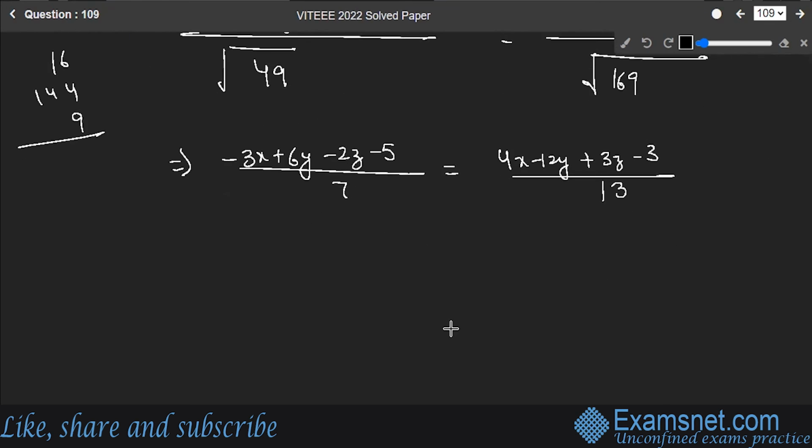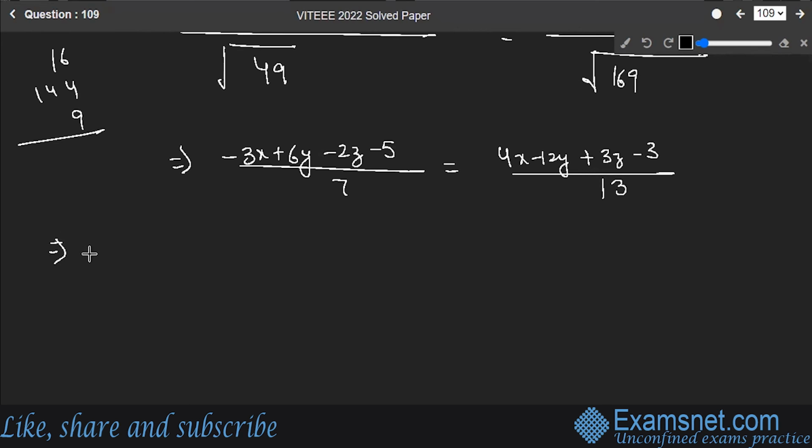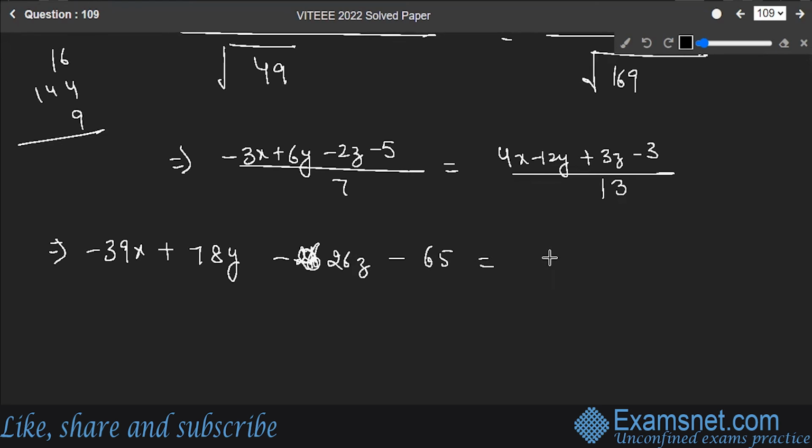Let's do the cross multiplication. You have minus 39x plus 78y minus 26z minus 65 is equal to 28x minus 84y plus 21z minus 21.